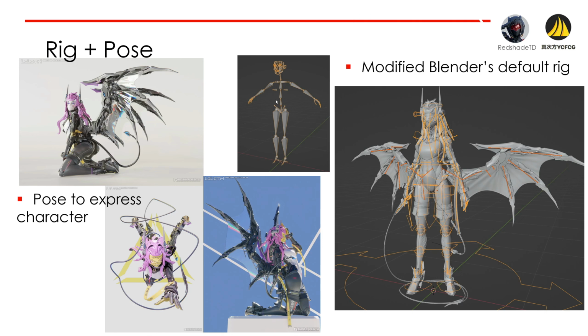For example, for Lilith, I use the Blender default rig, modify it to fit her, and make a custom rig for her wings to pose her wings. You can see her wing is open in some renders, in the default state in some, and closed in some. So rigging the wings and her body gives me a lot of freedom to pose her however I want, to express her character a little bit better, conveying what she's doing, her action, her weight, and more. A pose is very important to express your characters.